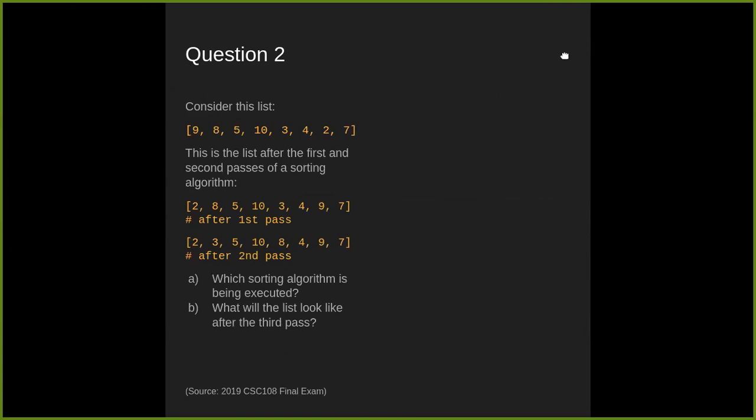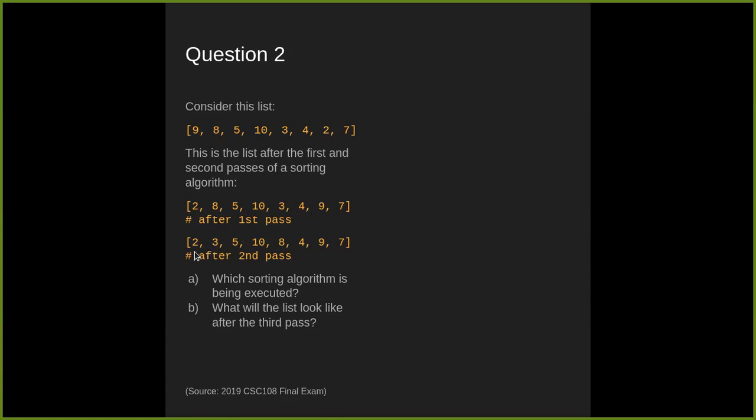So for the next question, we want to consider this list containing the numbers 9, 8, 5, 10, 3, 4, 2, and 7. This is the list after the first and second passes of a sorting algorithm. After the first pass, the list order would be 2, 8, 5, 10, 3, 4, 9, and 7.